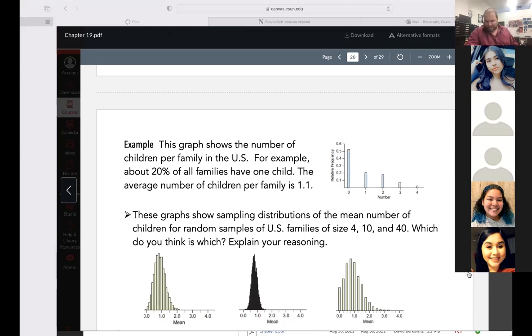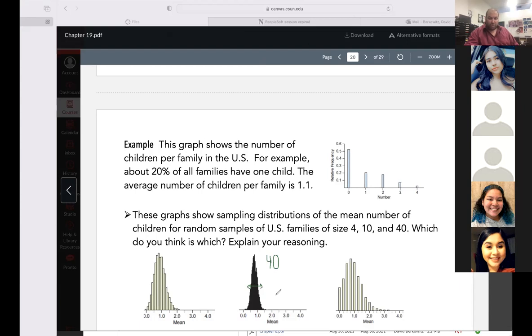So when I look at everyone's answers, I see that just about everyone, but not everyone, correctly said that this one here in the middle was 40. Why? Because the bigger the sample, the tighter the curve.